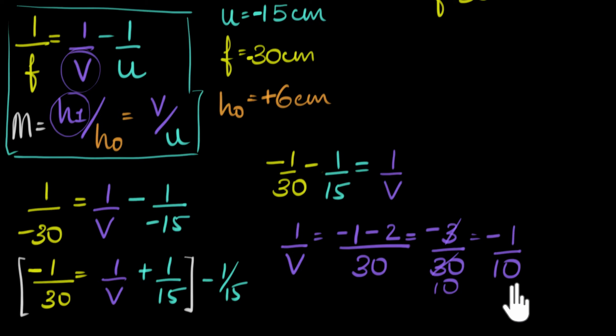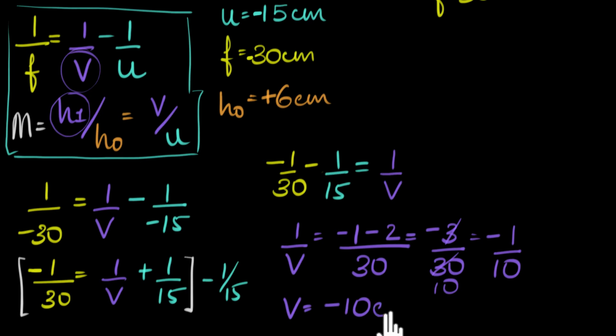And this is not the final answer because this is 1 over v. We want to find out what v is, right? So v is the reciprocal. I have to take the reciprocal on both sides. So if I take the reciprocal of this, I get minus 10. Don't forget the minus sign. Minus 10. And what's the unit? Well, notice everywhere the units are centimeters.